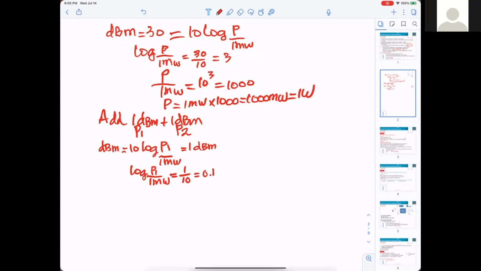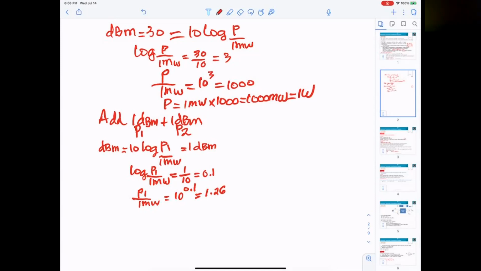So you remove the log: P1 over 1 milliwatt equals 10 to the power 0.1, and that's equal to 1.26.